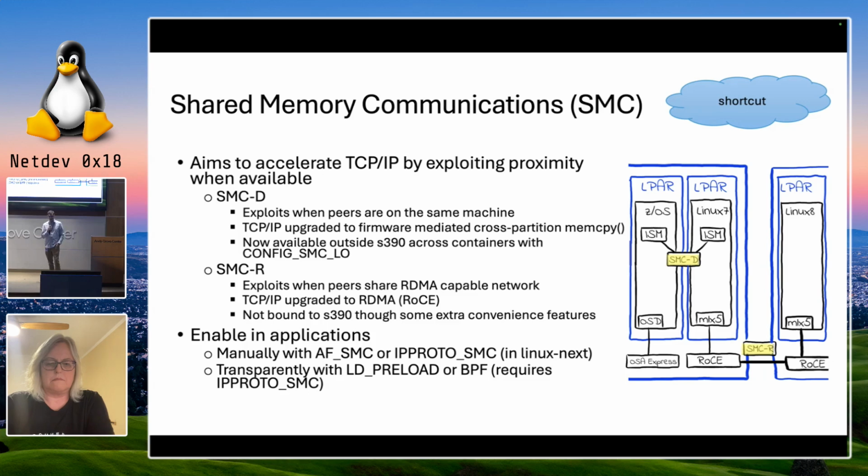Now, I think in the network pull request for the upcoming merge window, there is already IPPROTO_SMC. That's basically the same thing with IP proto, and you might think that doesn't really help me, but it turns out that this allows you to do this with BPF.